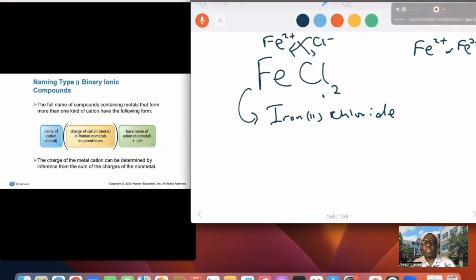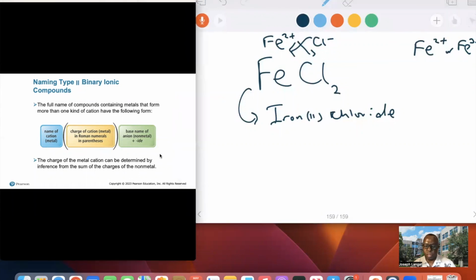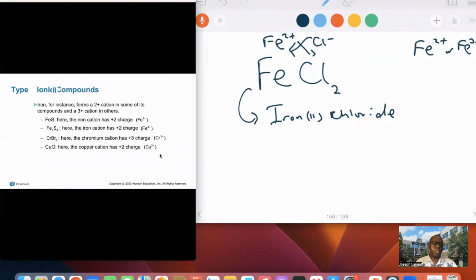The non-metals will always have a constant charge. It will never change. It's a main group element, so I know this is always going to be negative 1. But for a transition metal, you have to learn that there is iron 2, iron 3. And how will I know which one I am dealing with? It's based on uncrossing, that these came from iron, and it can be iron 2. So you need to know that.